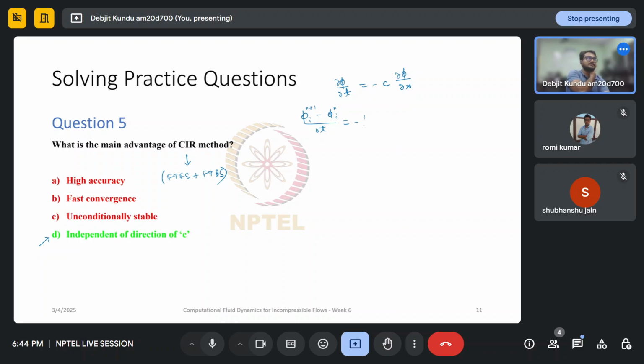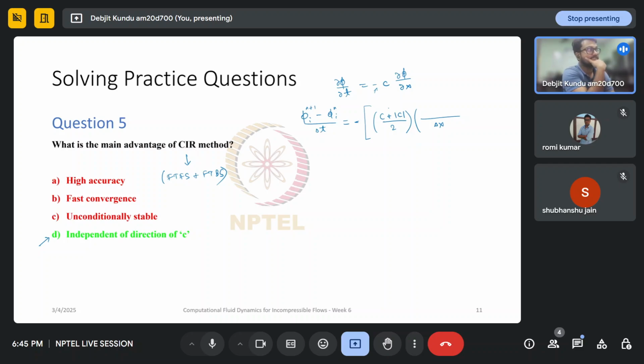So I'll just keep the negative sign here and do everything in between. So in between we have C into this dou phi dou x. So the first term we will add C plus mod C divided by 2 and we will discretize this one.